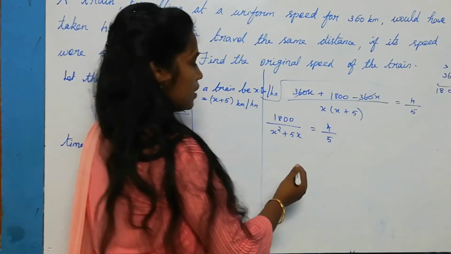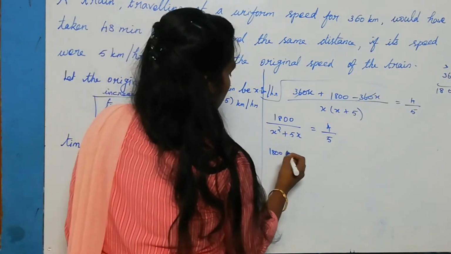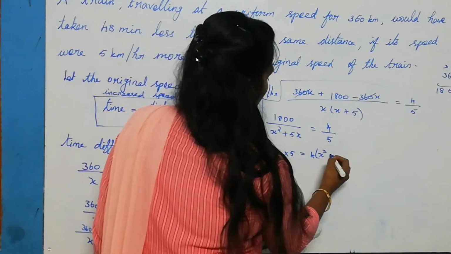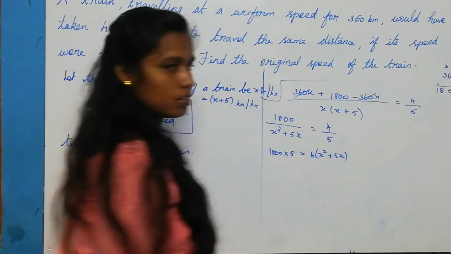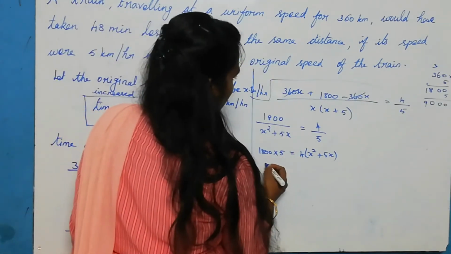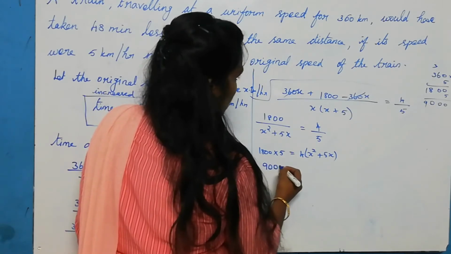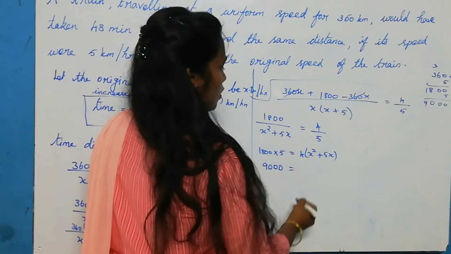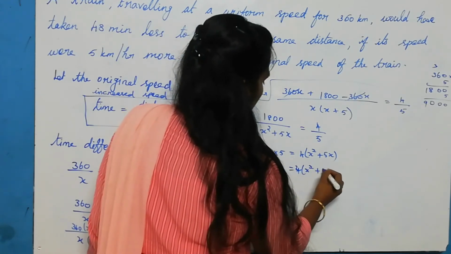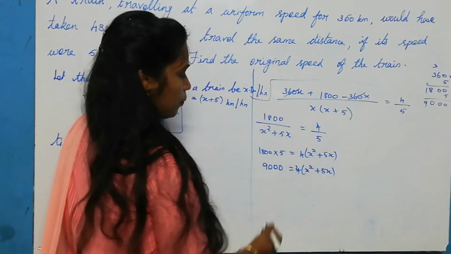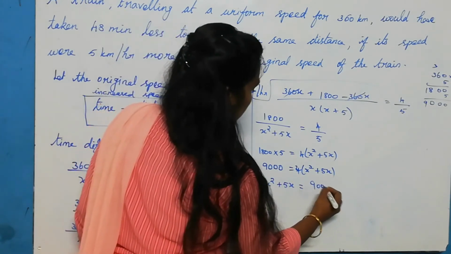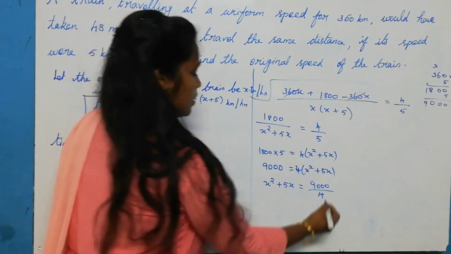Then cross multiply this. 1800 into 5 is equal to 4 into x square plus 5x. What is 1800 into 5? 9000, that is equal to 4 into x square plus 5x. Okay, so x square plus 5x is equal to 9000 divided by 4, isn't it?